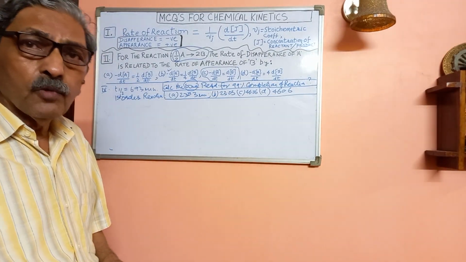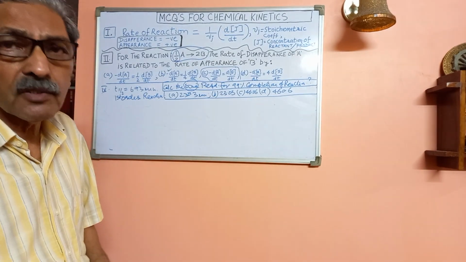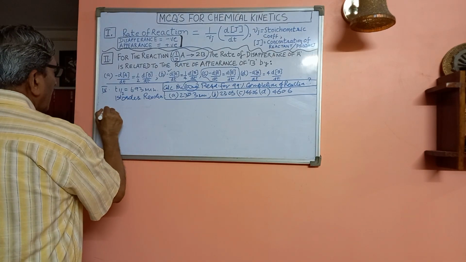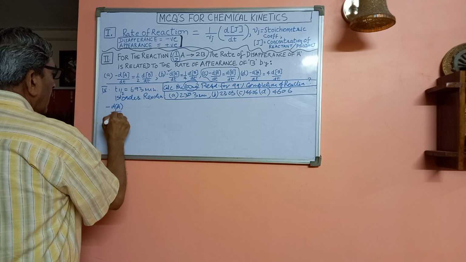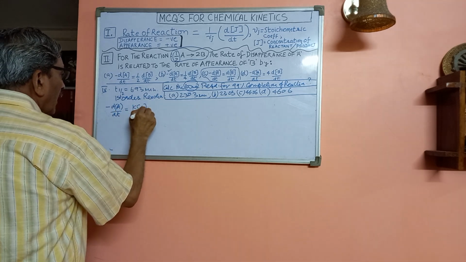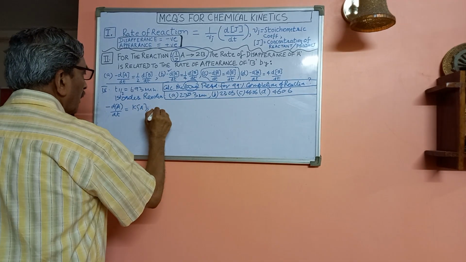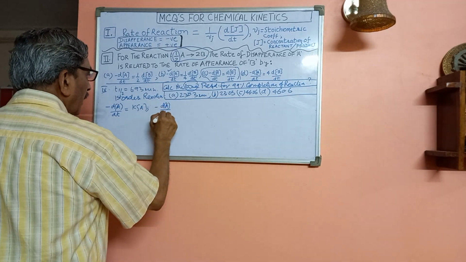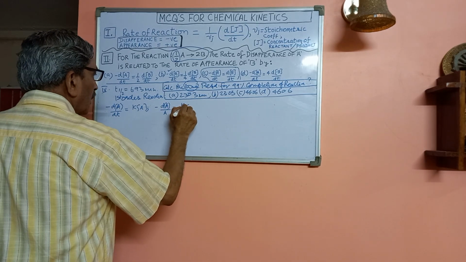To calculate K, we need to write down the rate equation for the first order reaction: minus dA by dt is equal to K into A. This can be transformed as minus dA by A is equal to K into dt.